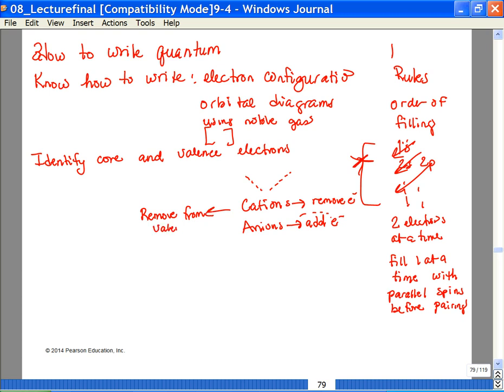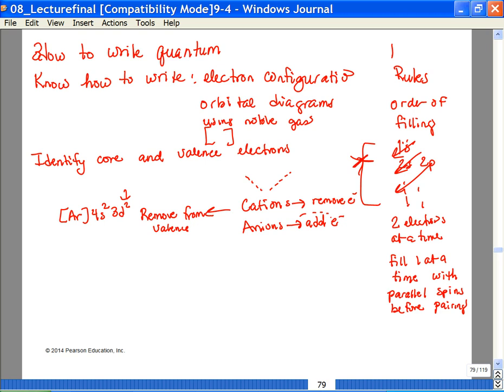So let's say we've got titanium. In order to add an electron to that, we would put it in the 3d, right?